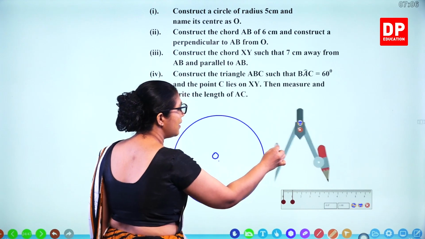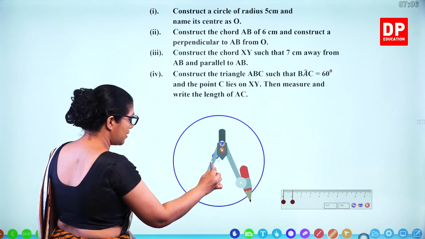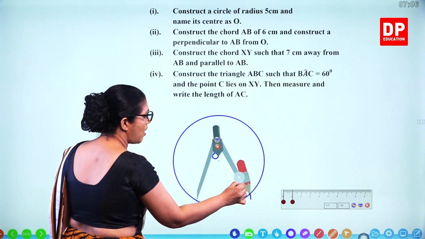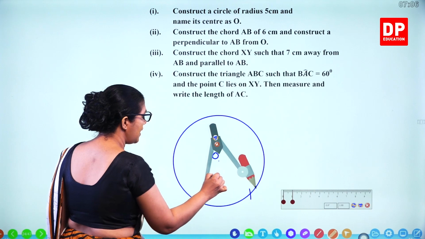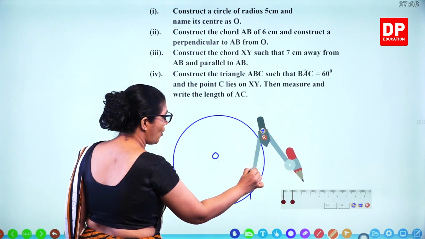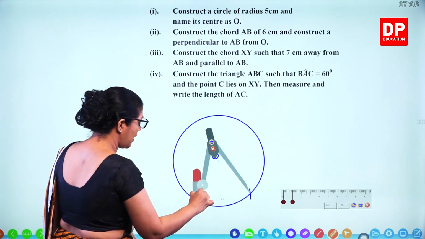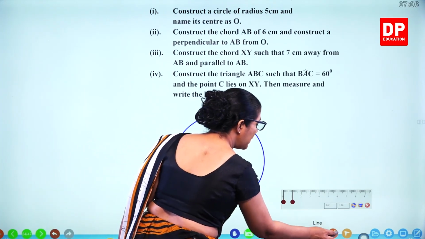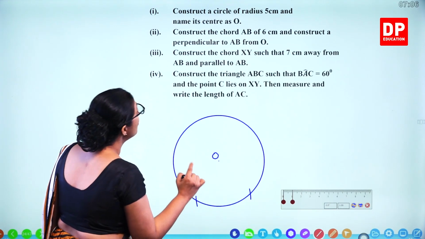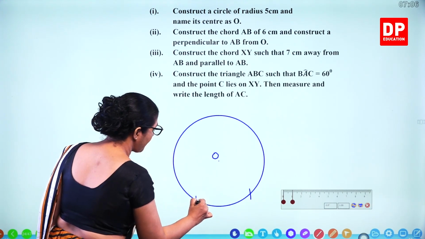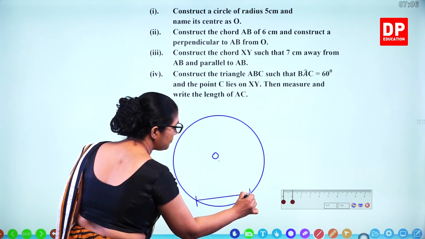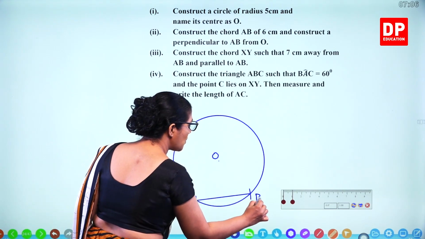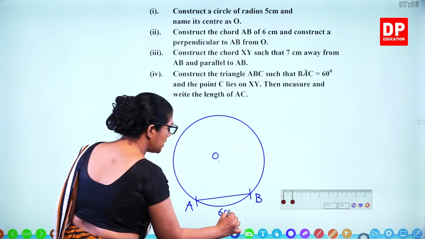You can mark one point like this on the circle and again keep it on the other point and draw the other arc. So you can label it as A and B here. So you have to draw the chord AB. This one is A, this one is B. So this is 6 centimeter length.